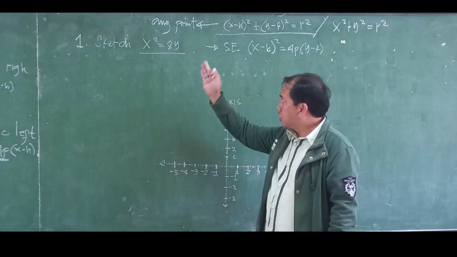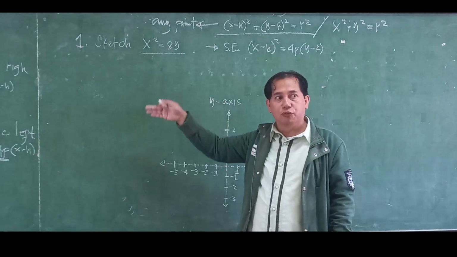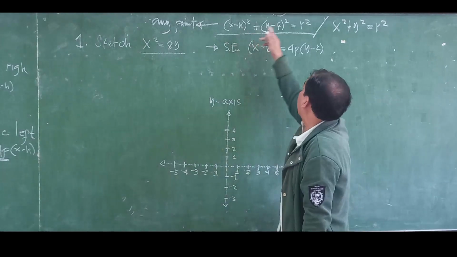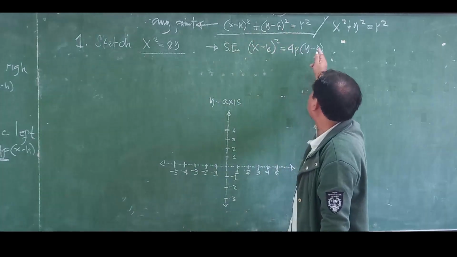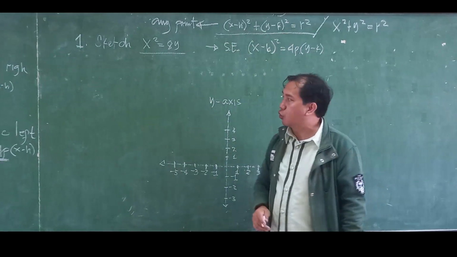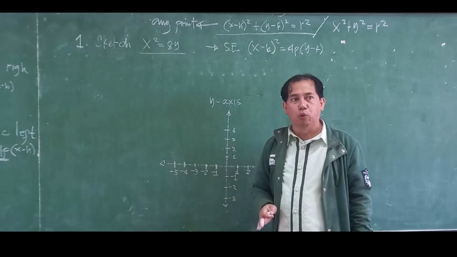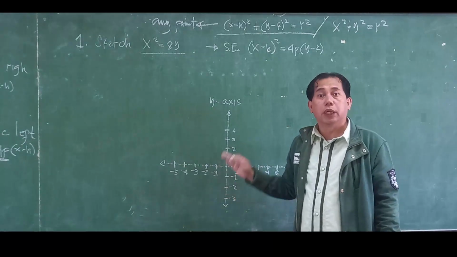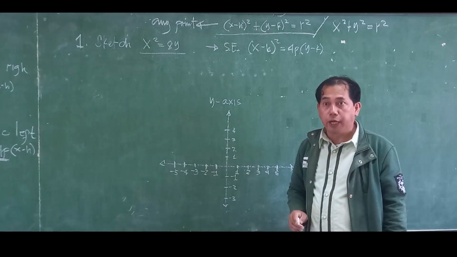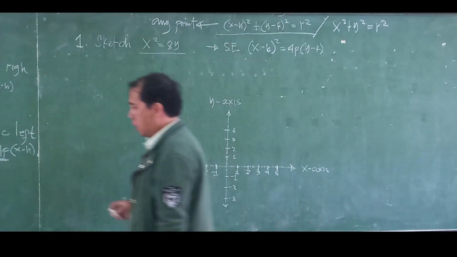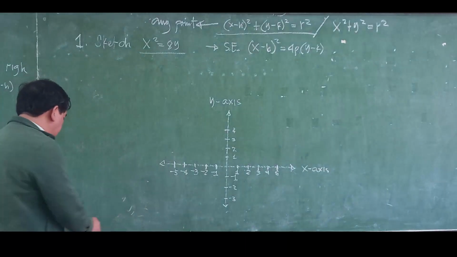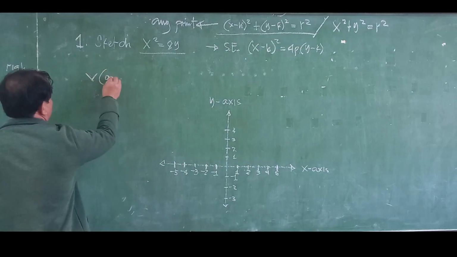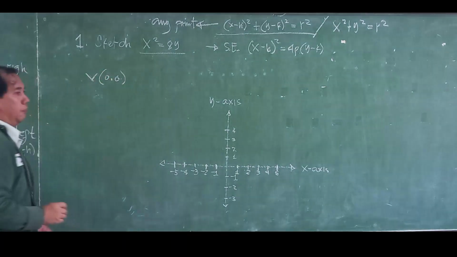Meaning to say, if you see that you do not have the value of h and k, the vertex of the parabola is located at the very point of origin of the Cartesian plane. Klaro tayo? Meaning, our vertex in here can immediately be determined. What is the vertex? 0 and 0.